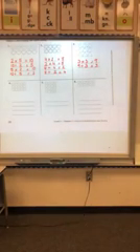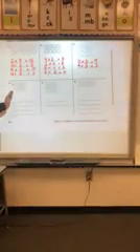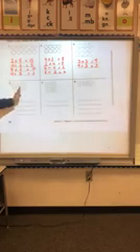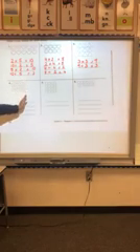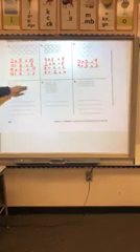So 1, 2, 3, 4, 5 columns, but how many rows? 3. First make sure you count carefully the rows. Go vertically. 1, 2, 3 rows.